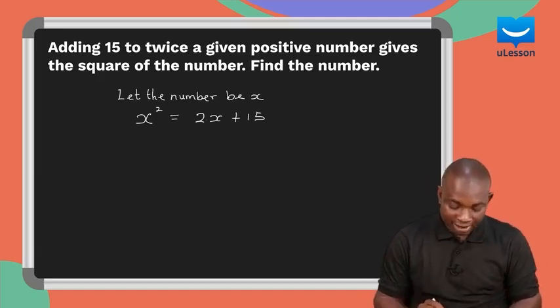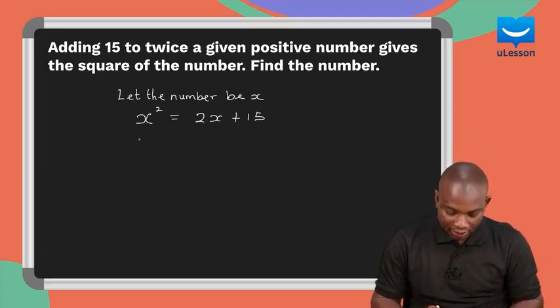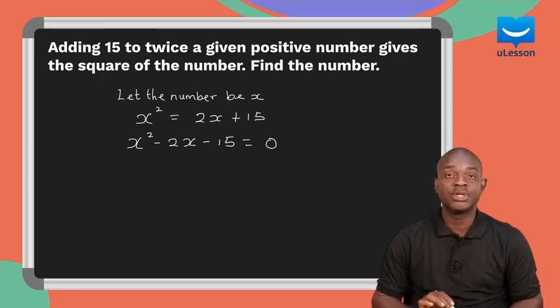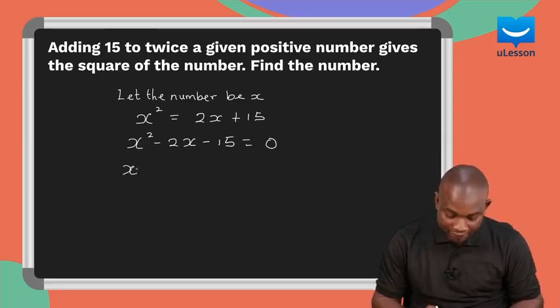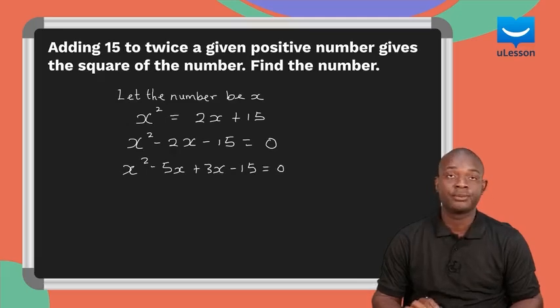Now let's collect everything to one side of the equality sign. This gives us x squared minus 2x minus 15 equal to 0. Factorizing this equation, we have x squared minus 5x plus 3x minus 15 is equal to 0.